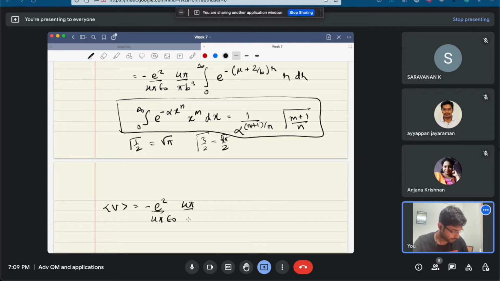4 pi by b cube. So we have mu plus 2b as our coefficient, which will come down 2 by b, and the power will be 1 plus 1 by 1, so this is square, and here we have a gamma 2.